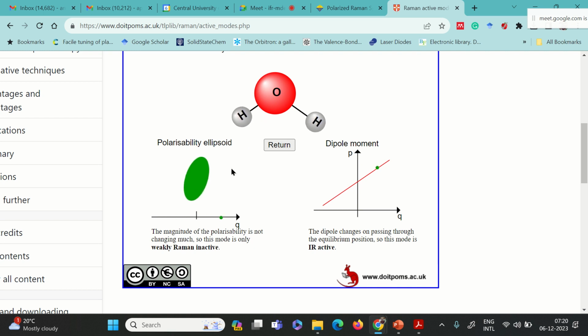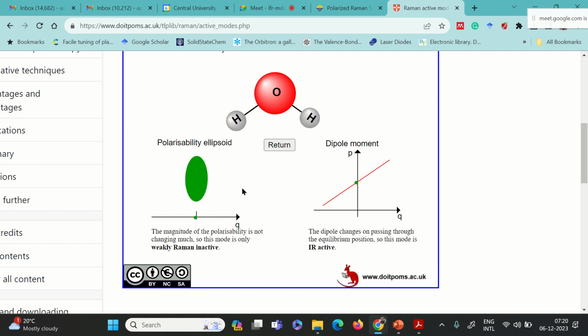So during this whole thing, this is the correlated motion, the visualization of how the polarizability ellipsoid changes. So here, the shape is constant, the size is constant, but there is only change of the orientation, the direction is changing.